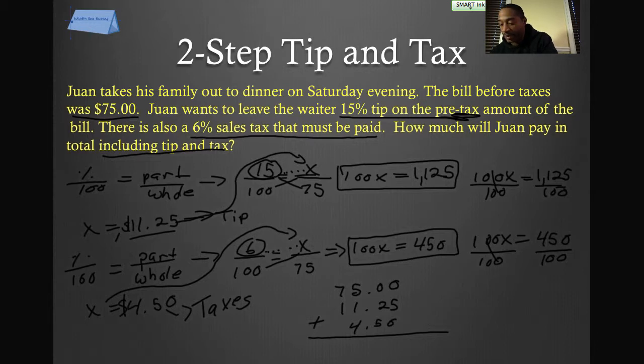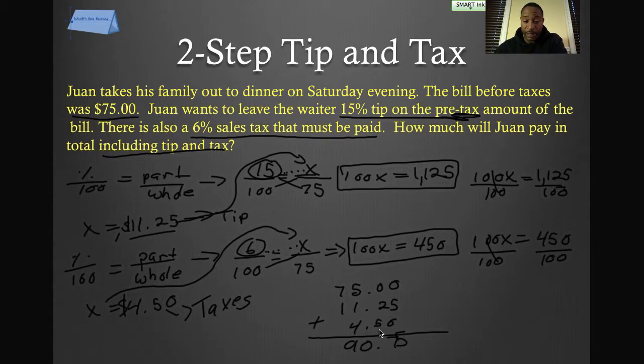I have $75 plus $11.25 plus $4.50. And my answer that I get is $90.75. And that's the total. So we're done with this problem here.